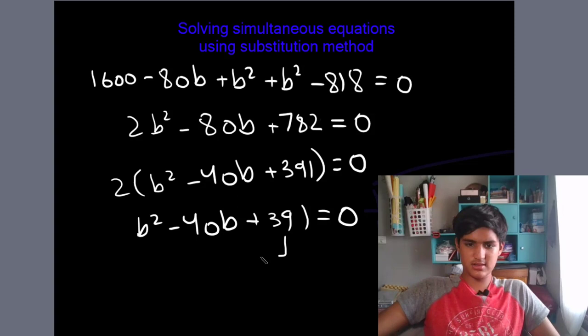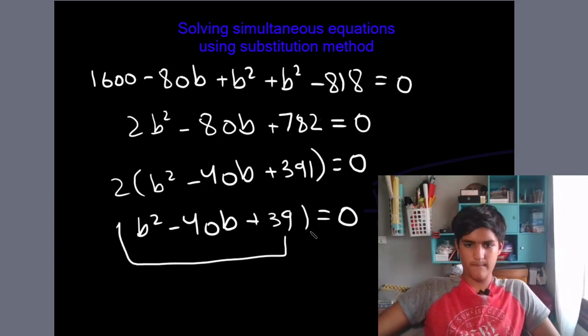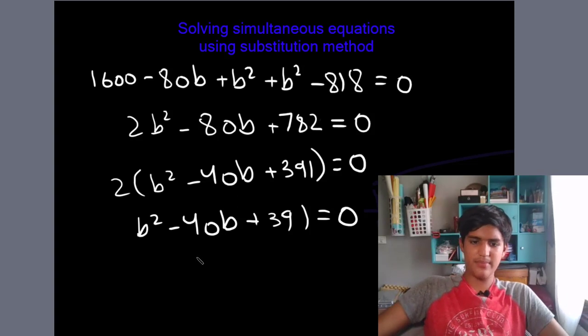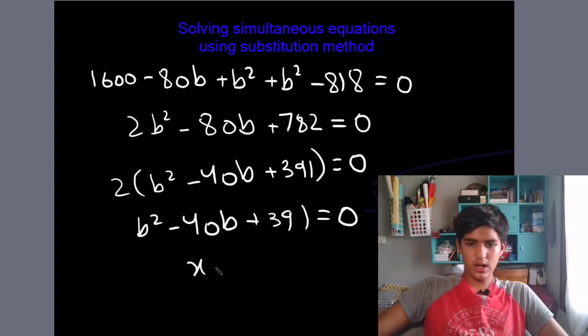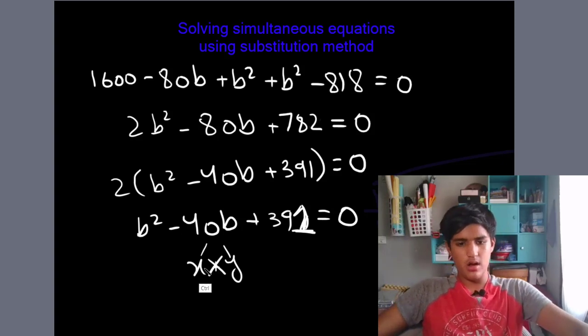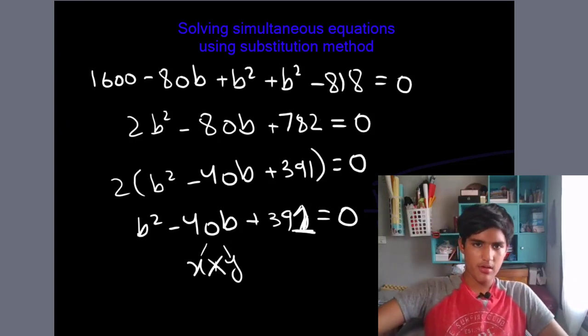Now we have this equation. What do we do with it now? So we're going to factorize this. That means two numbers when added should become minus 40, and when multiplied they become 391. How do we do that?